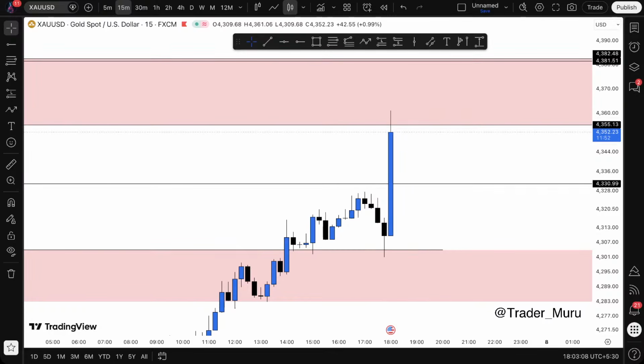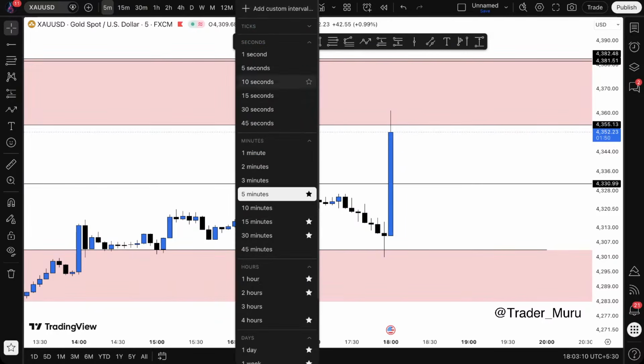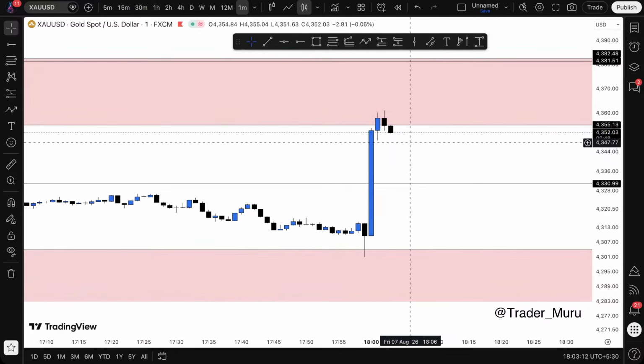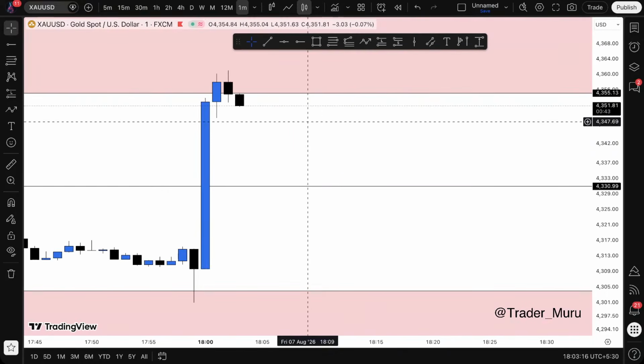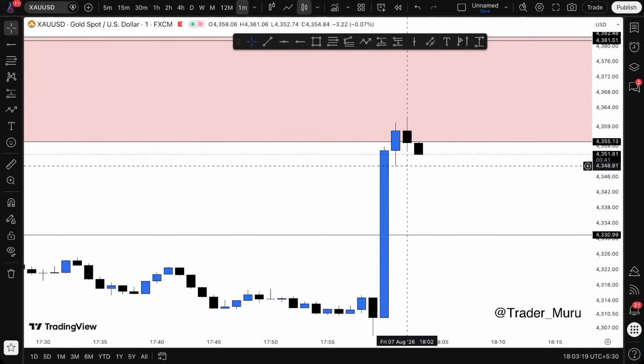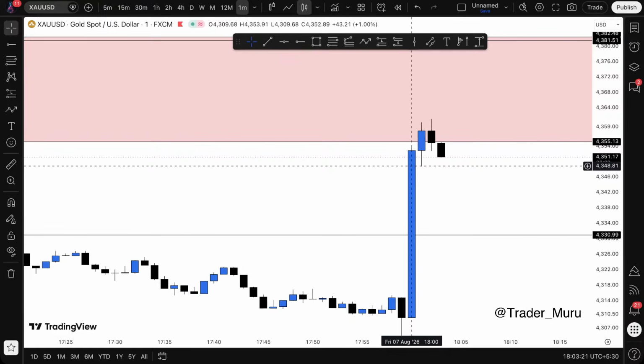Okay, it is getting rejected. 1 minute. This low break you can short it. Once this low breaks you can short it. 48.